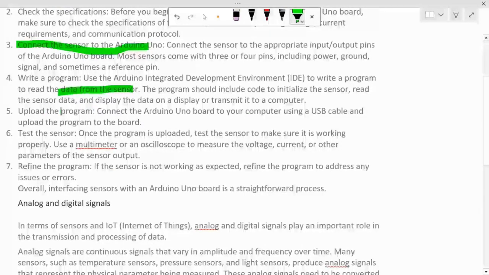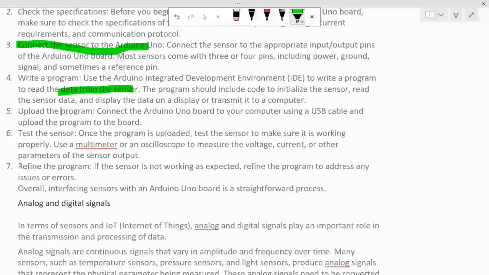Fifth point is upload the program. I hope after watching the Arduino programming section you already know how to upload the program. Basically we connect our Arduino board to our computer using the USB cable and we upload the program. Next point is test the sensor.